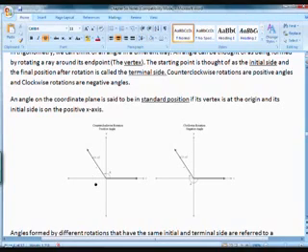Again, in standard position the x-axis is your initial side, and your terminal side rotates from there. If you rotate clockwise, that's a negative angle. If you go down and then start rotating, that's a negative angle.